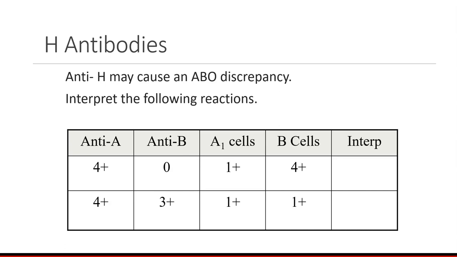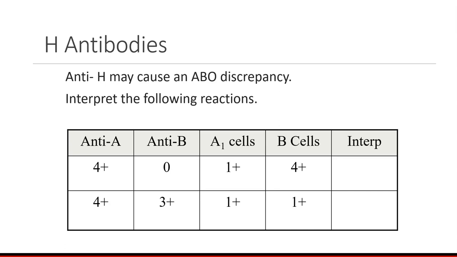Let's look at the second example. We have positive with anti-A, positive with anti-B. We have a group AB person. Let's look at the reverse. We have a positive with the A1 cells, a positive with the B cells. They are reverse typing as a group O. And you say, Terry, it's only 1+. It should be stronger. Absolutely. Then we go to that next level of looking at the strengths of the reactions, and they're very weak.